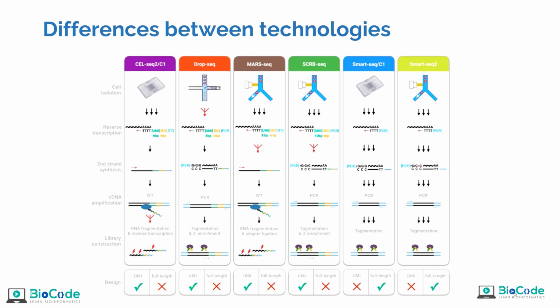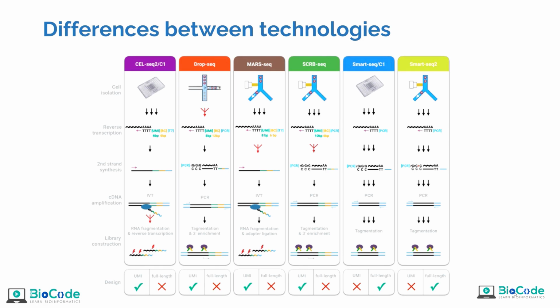And if you see over here, Smart-Seq original and Smart-Seq 2 take the read and attach PCR adapters, whereas scRB-Seq has UMI, barcode, cell barcode, and PCR attached to it as well. MAR-Seq also has UMI, barcode, and T7 adapter. Drop-seq has UMI, barcode, and PCR adapter. Similarly, CEL-Seq. So there is not that major difference.